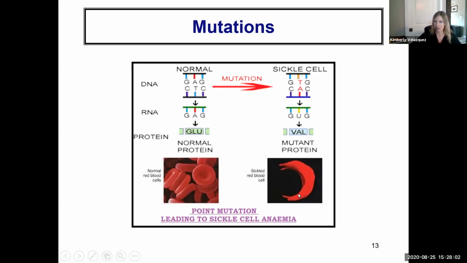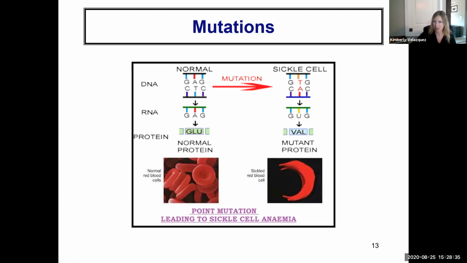So what happens is in parts of the world where malaria is very prevalent, people who have sickle cell disease actually have a survival advantage over those who don't, because malaria is actually more deadly than sickle cell disease if you don't have access to proper drugs to treat it. So in certain areas of the world, this allele is a lot more common in the population than the normal allele.